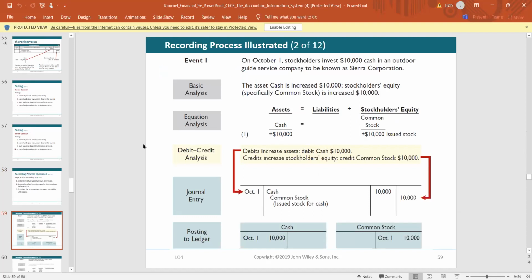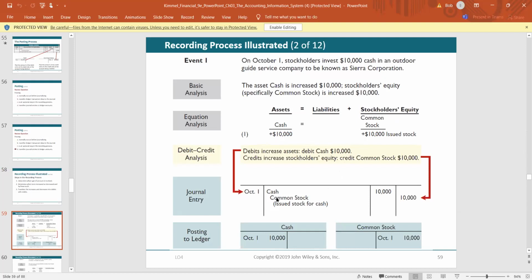So here we go. Stockholders invest 10,000 in a new company. Here's what we did before: cash goes up 10,000, common stock goes up. But now we have to be smarter and work with debits and credits.